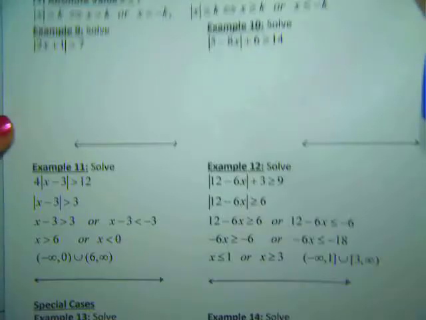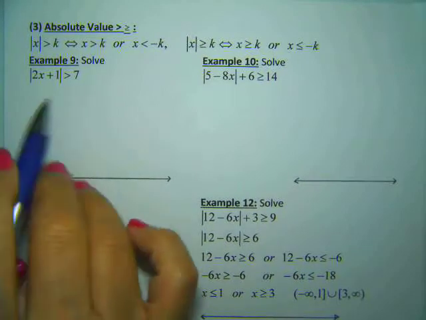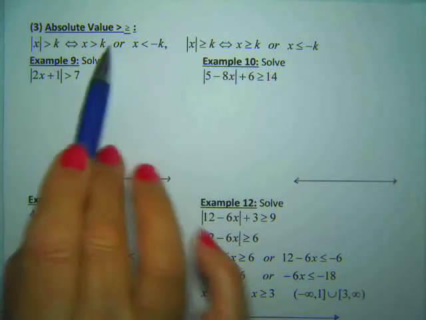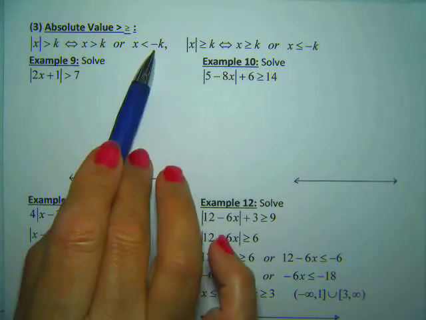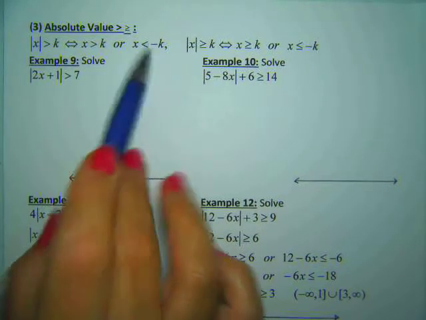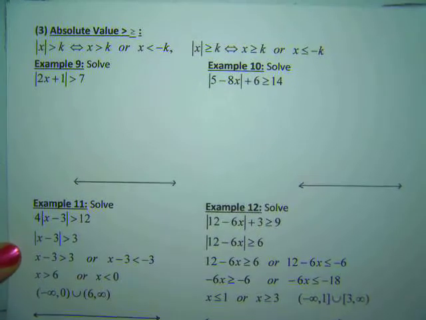Now the greater than, the difference, let me show you again. The equivalent statement for absolute value of x is greater than k is two separate inequalities: x is greater than k, or x is less than negative k. Okay, so let's do this first one.